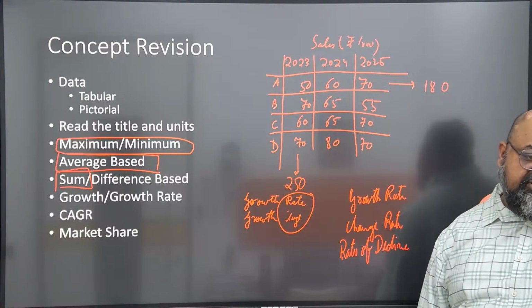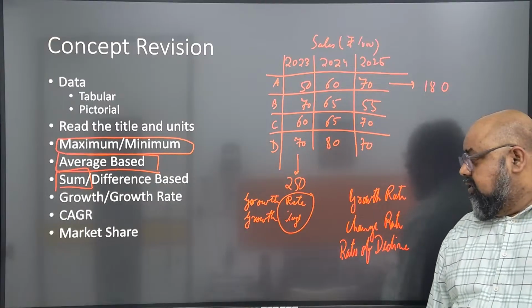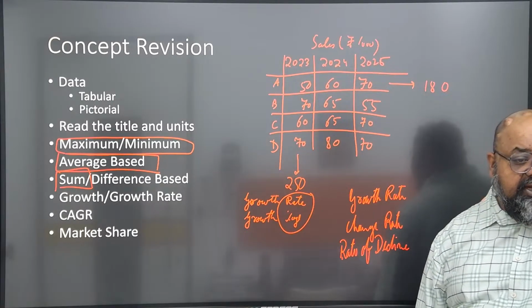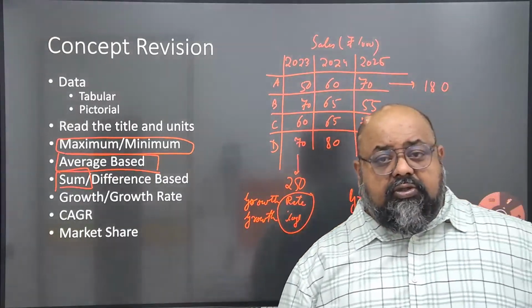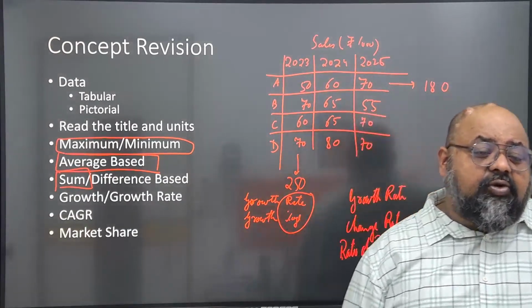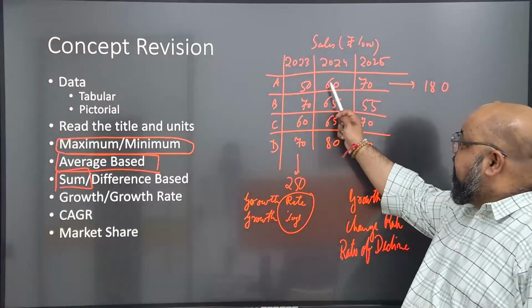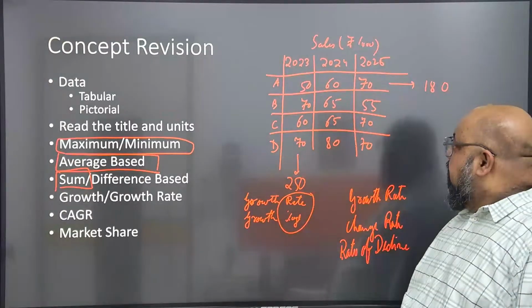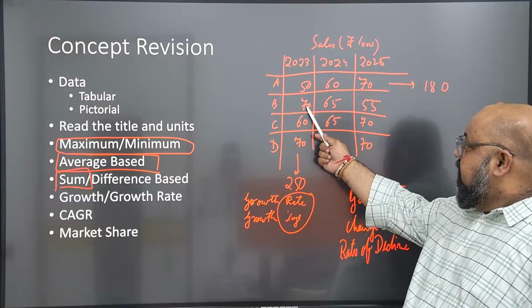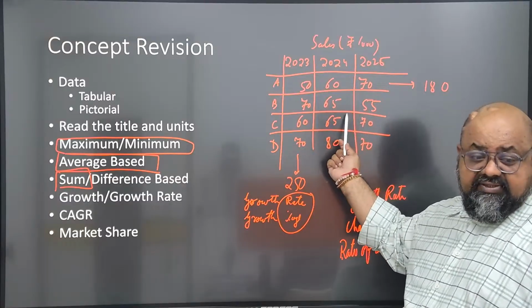Growth rate versus change rate. In growth rate, we will exclusively look for values which have increased. Growth means increase, decline means decrease. So if I say growth rate for A, I am looking at 50 going on to 60, 60 going on to 70. Growth.